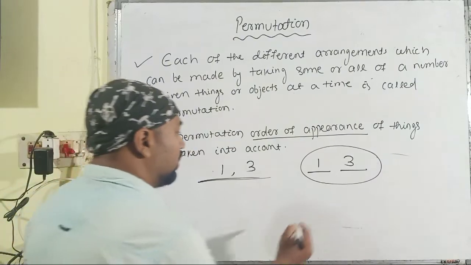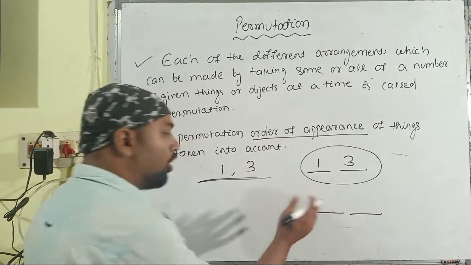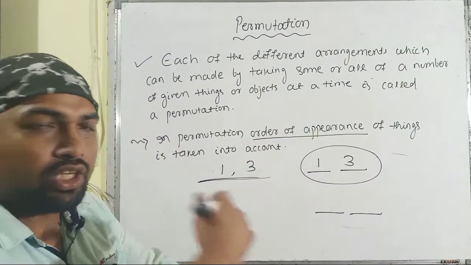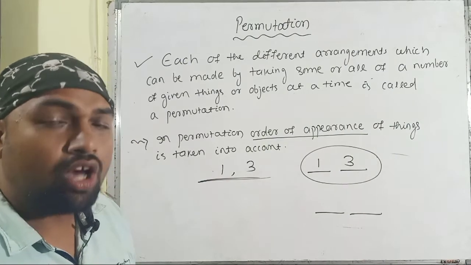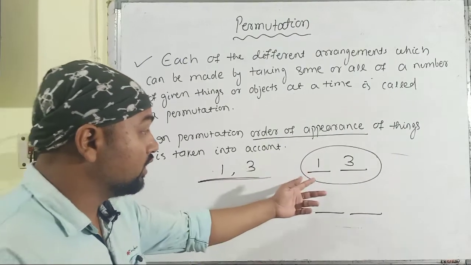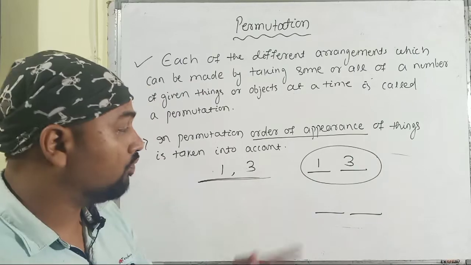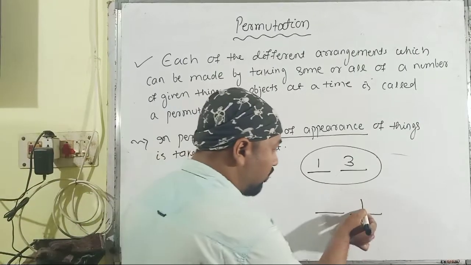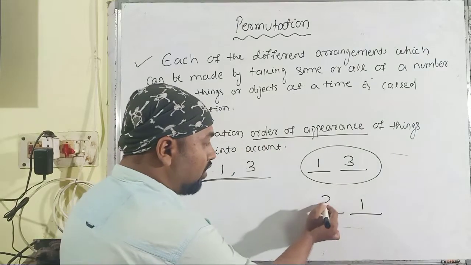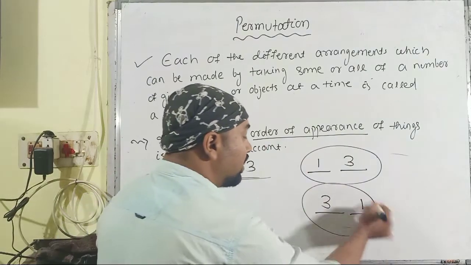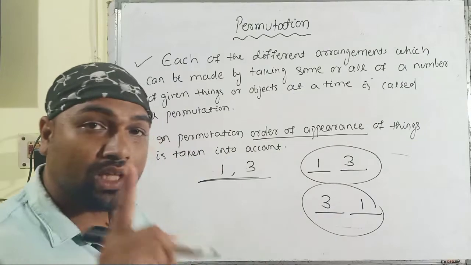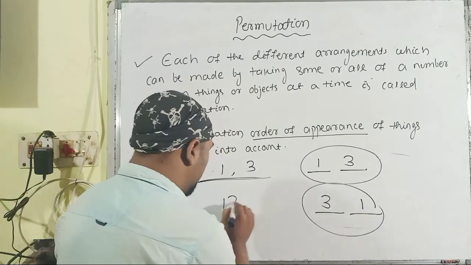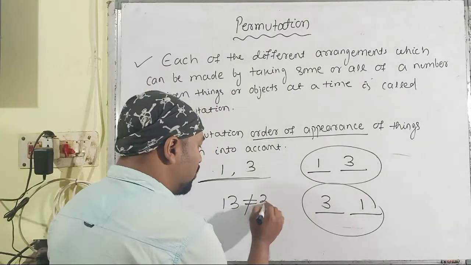Suppose in another way the order has been changed, interchanging the position of the 2 digits 1 and 3. That means the unit place is filled up by 1 and the tens place is filled up by 3. Then here we are getting a 2-digit number, and that is 31. And you already know that 13 is not equal to 31.